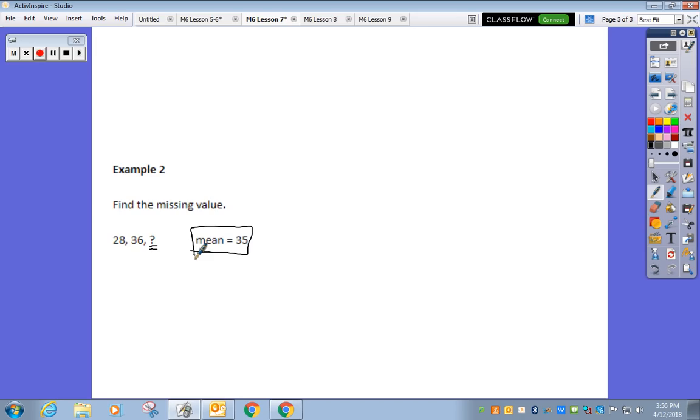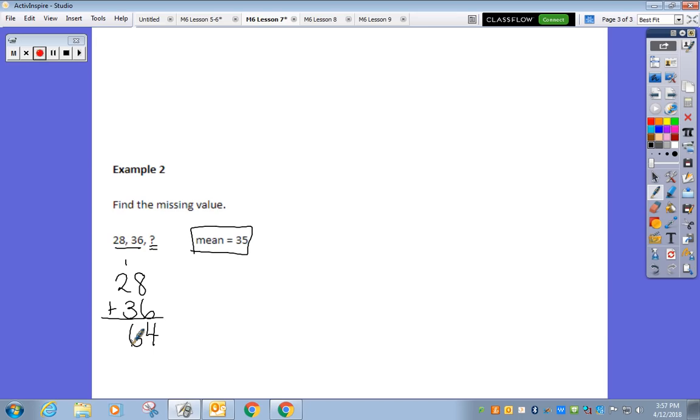So if you think about it, the first thing we did previously was to find a total for the data set. So we're going to find the total of the pieces of data we have so far. So far I know I have 28 and 36. So I'm going to add those together to get my total so far.